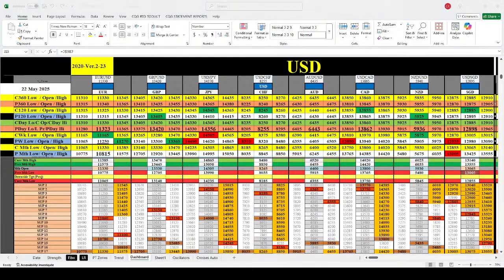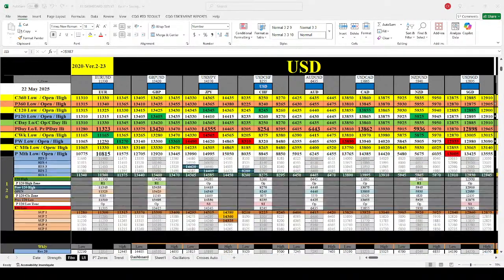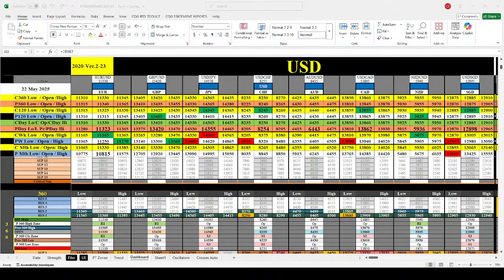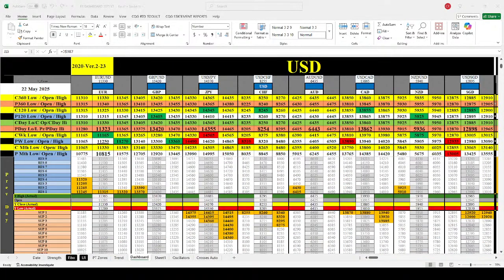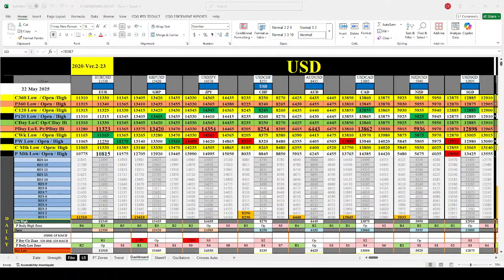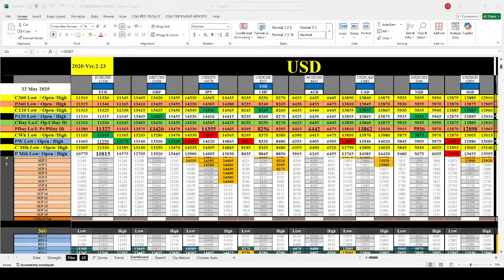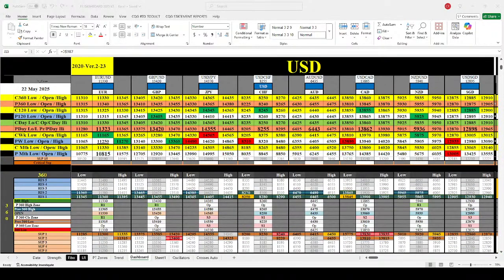So now what we can do is go for a cautious buy. We'll try to buy at 11310, and try to exit before 11360.